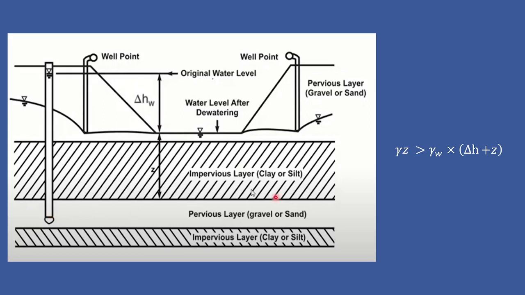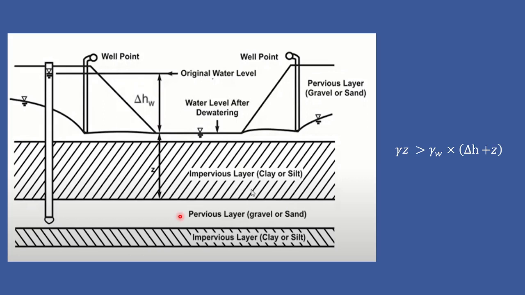If your water head, which is basically gamma w into delta h plus z, is representing the water pressure, and if this water pressure is greater than the overburden pressure, it will lead to a failure condition for the soil.